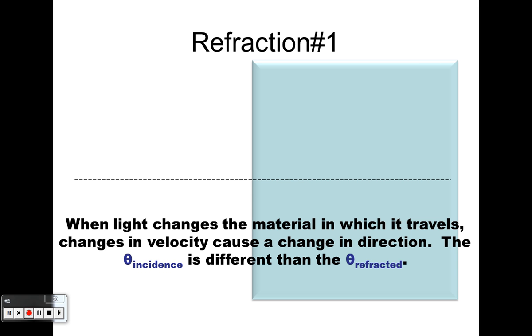Well, what does that actually mean as far as the light bending? Well, say we have a light ray that is traveling at this angle. Remember, that's always in relationship to the normal.